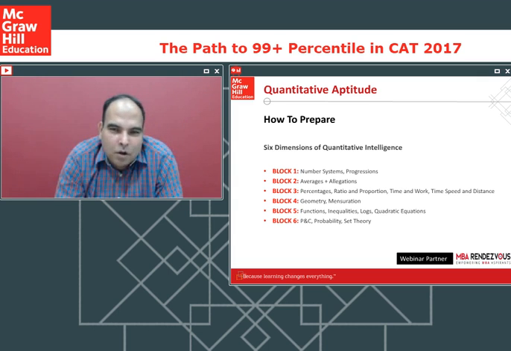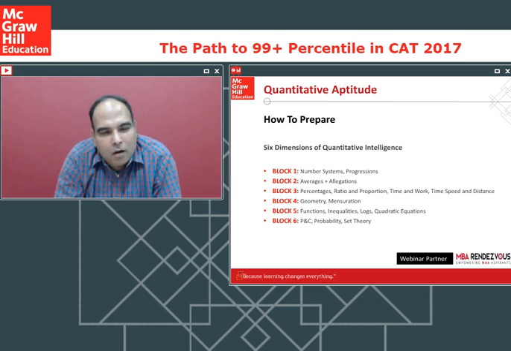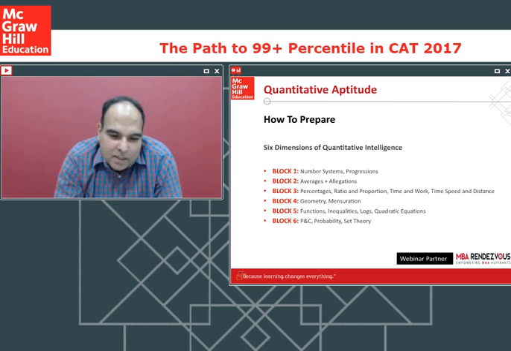And the moment that happens, your attempt, correct and time equation in the exam starts getting imbalanced. So you need to make sure that imbalance does not happen, and hence there's a particular depth to which you need to go in every chapter.